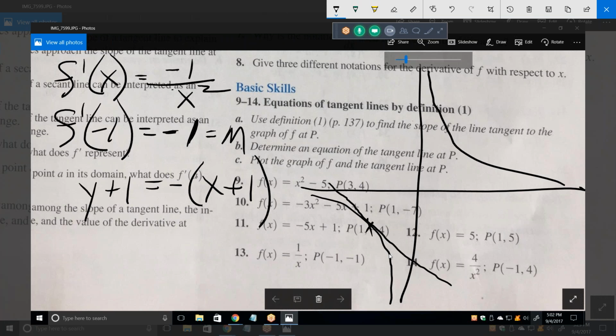And the equation of that tangent line is that. But using this definition to solve for it was much harder algebra than the first one we did.